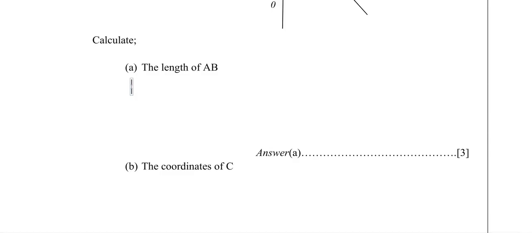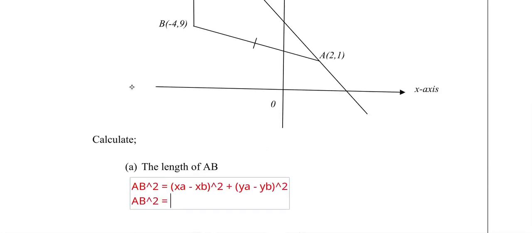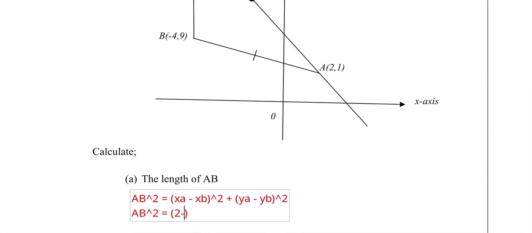So AB squared is equal to (xa minus xb) squared plus (ya minus yb) squared. Substitution: xa, that's 2, minus xb, -4, squared, plus ya, that's 1, minus yb, that's 9, all squared.